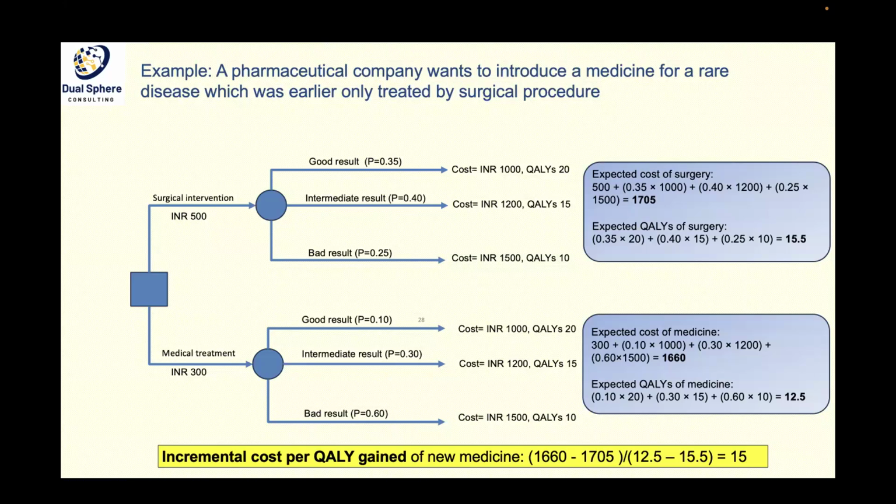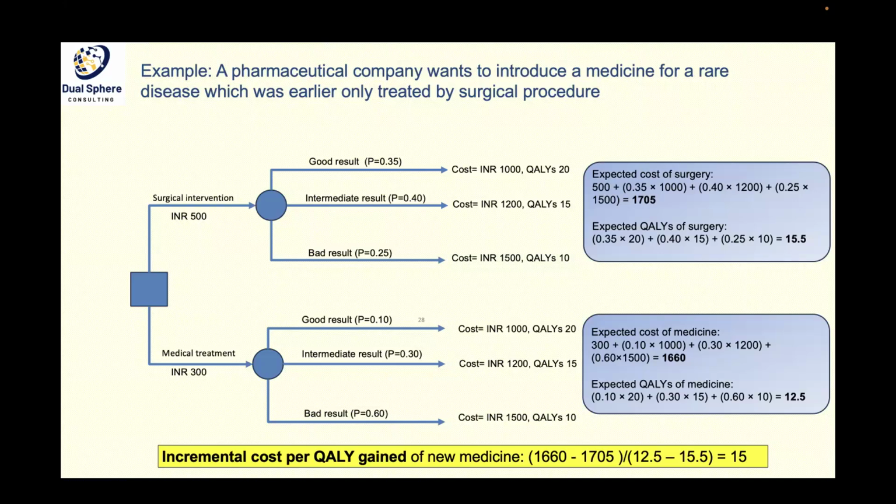Look here on the right, the blue square: I did 500 plus 0.35, which is the probability of having good results, multiplied by the cost, plus 0.4, the probability of having intermediate results, multiplied by the cost of that option.